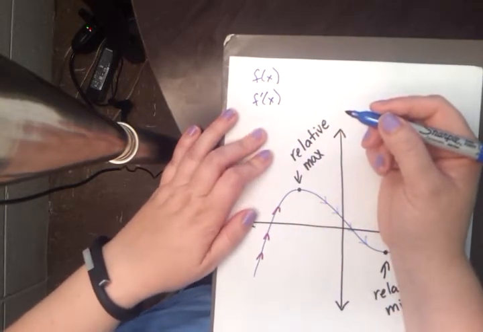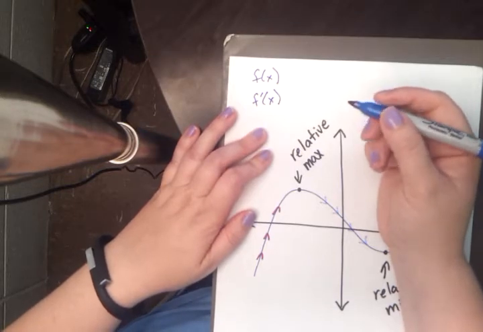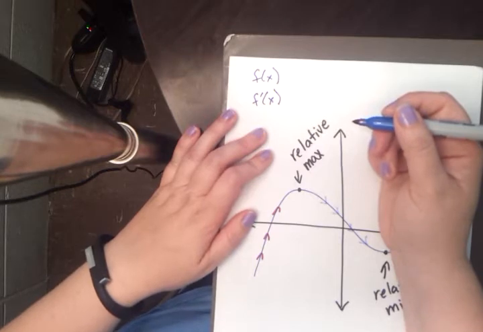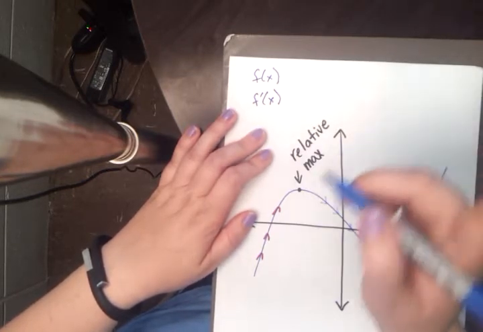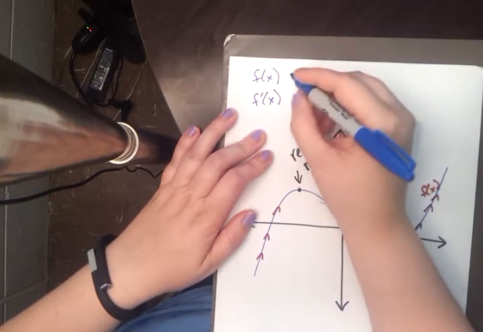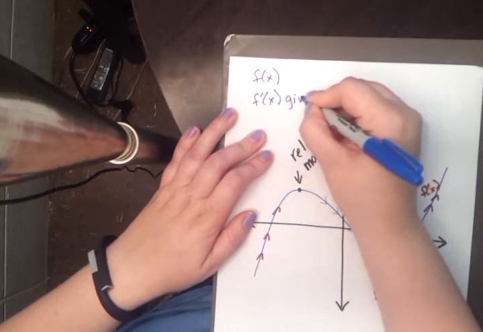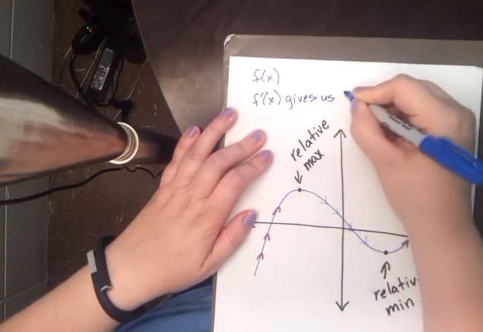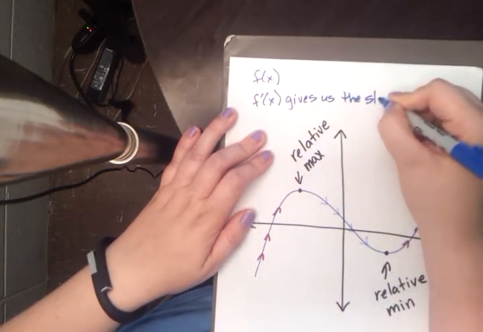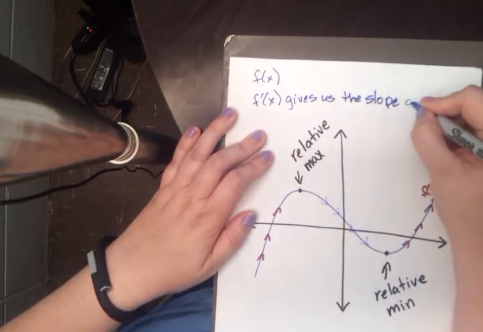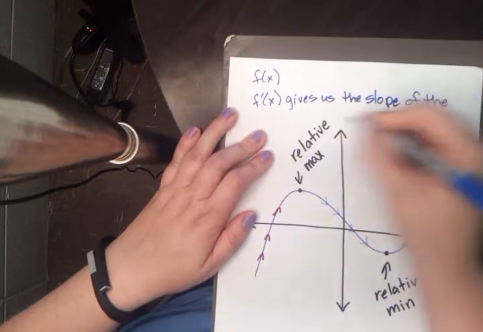If I say derivative, it means f prime. If I say derivative, it means instantaneous rate of change. If I say derivative, it means the slope of the tangent line. That's the one we need. You need to remember that f prime of x gives us the slope of the tangent line. That's the super important thing that you need to take away from this. So the slope of the tangent line.